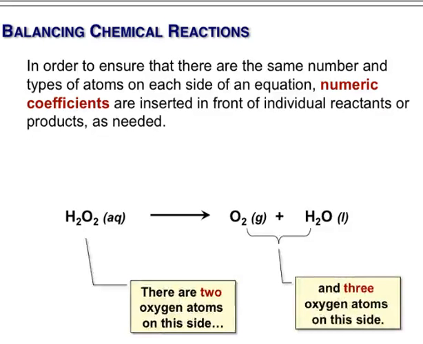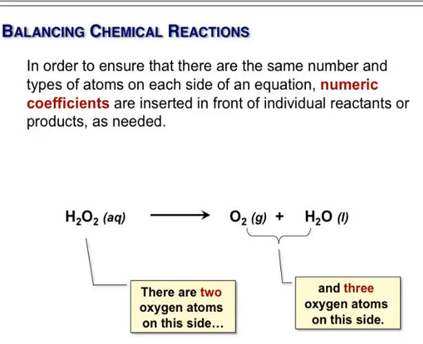What we want to do is simply look at it, fiddle with it, and see what coefficients we have to put in order to make it balanced. Now in the even-odd method, what I do is I look to see if there's something odd on one side, even on the other. And the oxygen is a good example here. We have an even number of oxygens here and an odd number of oxygens here.